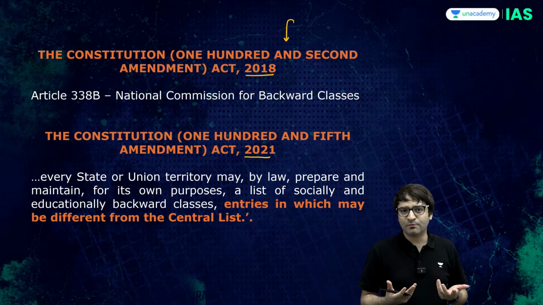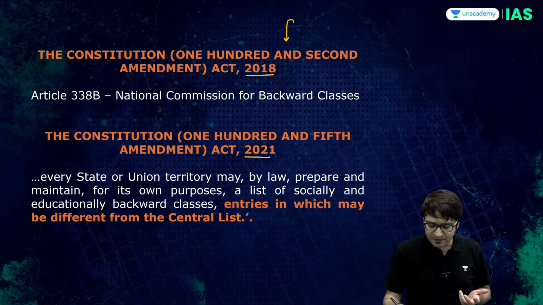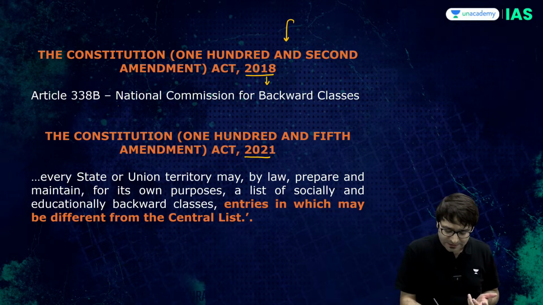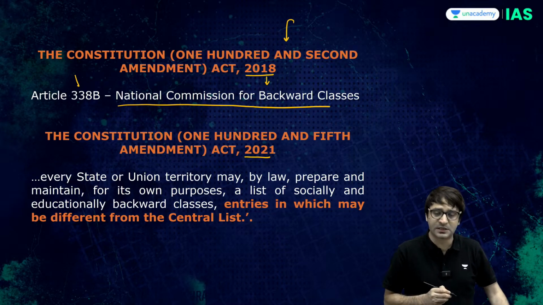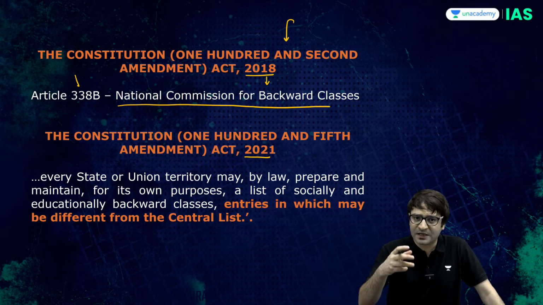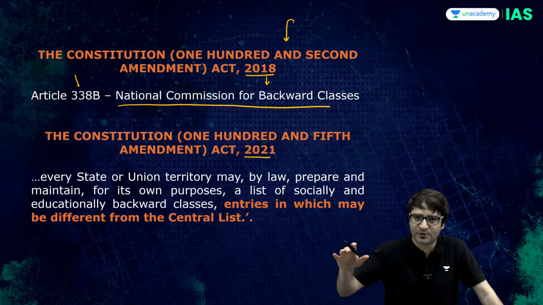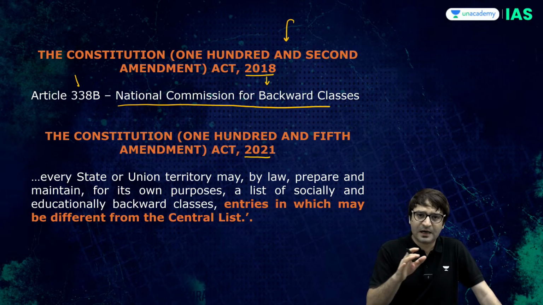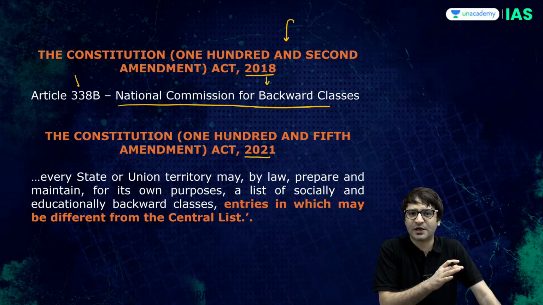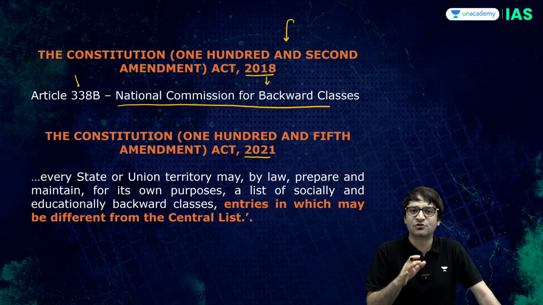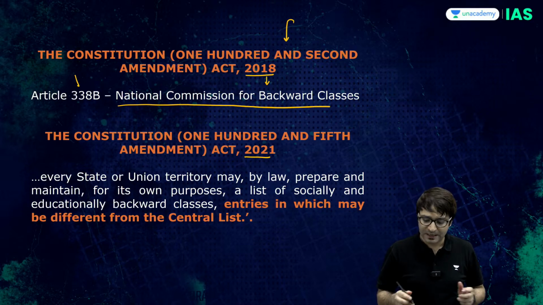Another constitutional body was created in 2018 called the National Commission for Backward Classes under Article 338B, because Article 338 talks about the National Commission for the Scheduled Castes, Article 338A talks about the National Commission for the Scheduled Tribes, and 338B talks about the National Commission for the Backward Classes.